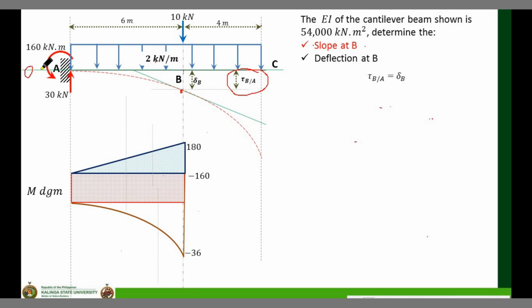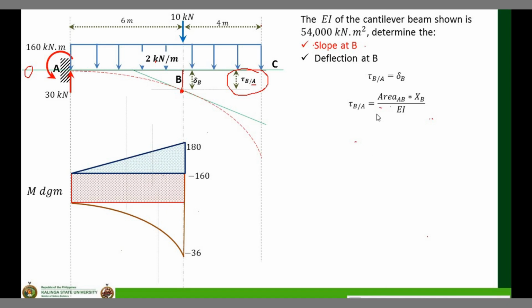That is a straight line. So from point B on the elastic curve up to the tangent line passing through A, that is the deviation of point B with respect to the tangent line passing through A, which is t_B/A. So from that diagram, t_B/A is equal to the deflection of B.